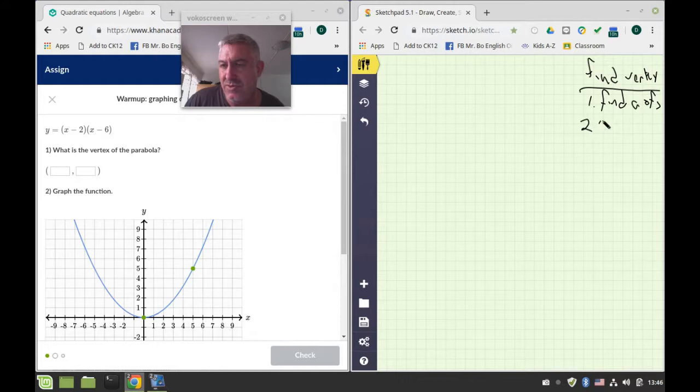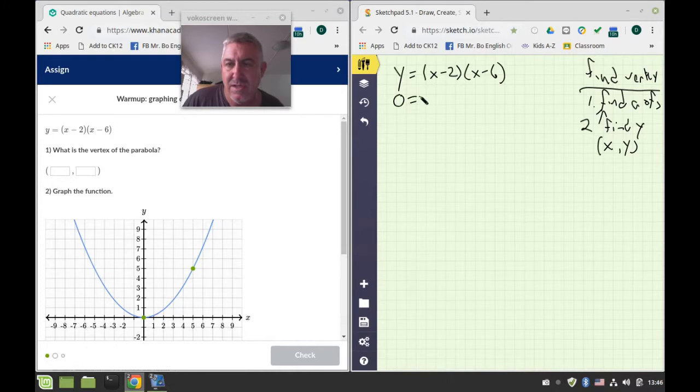And step number 2, we'll use that to find the y, and that gives us our x, y coordinate. Okay, so let's start. Our formula for this is x minus 2 times x minus 6, and since we want the x-intercepts, we're going to need to set that to 0.